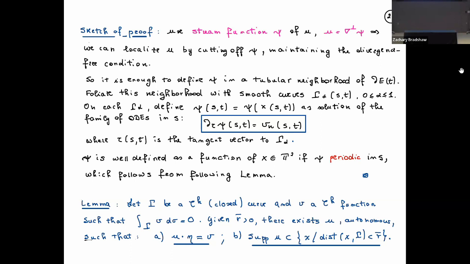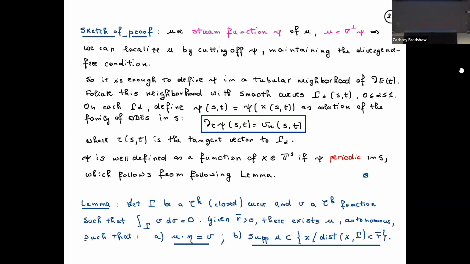And secondly, that needs a foliation by smooth curves, which I will denote by gamma alpha. So now there are three parameters. S is the parameter along the curve, say arc length, T is time, and alpha indicates on which curve of the foliation you are.